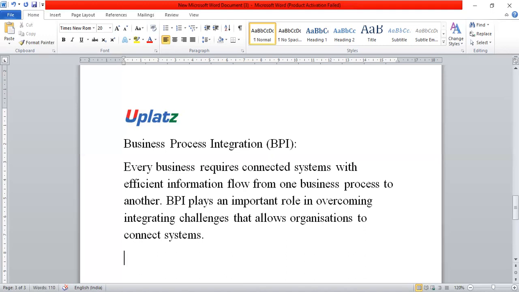Next, BPI process. Now I will tell you some advantages of this business process integration.